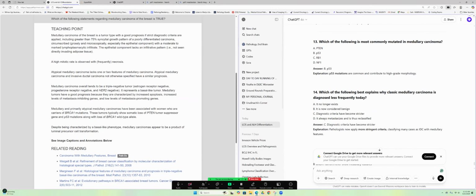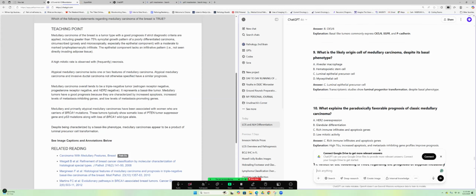Which of the following is most commonly mutated in medullary carcinoma? P53 mutation. Which best explains why classic medullary carcinoma is diagnosed less frequently today? Diagnostic criteria have become stricter. Pathologists now apply more stringent criteria, classifying many cases as IDC with medullary features.